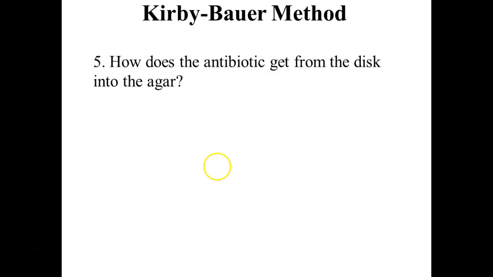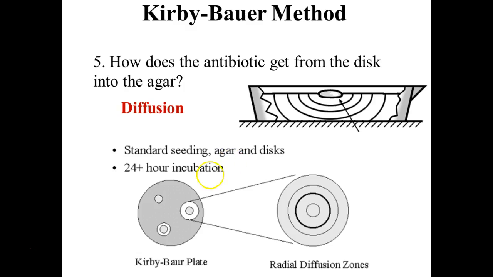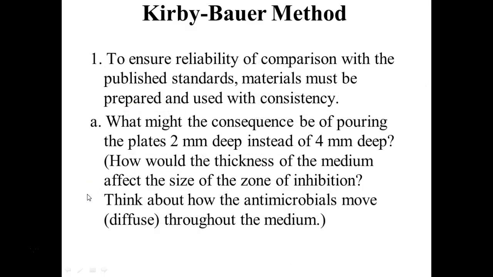So how does the antibiotic get from the disc into the agar? Diffusion. It diffuses out, and it diffuses down, too. And that's why, although this is question number 5 maybe on your homework, I cover it now, because it relates to this first question.